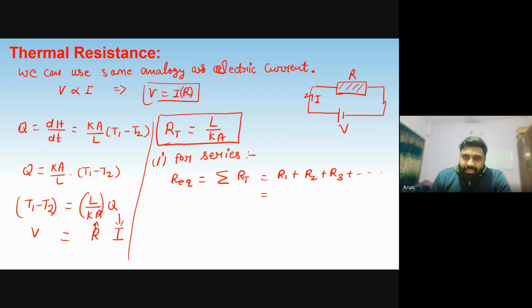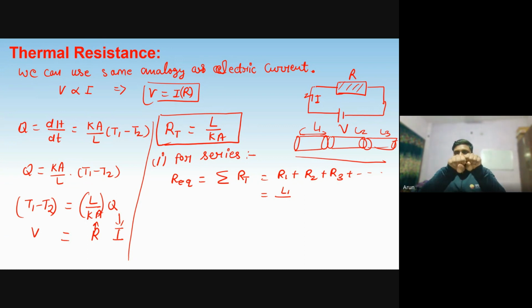So you can say that if a rod of length L1 is connected to L2 length, cross-sectional area A1, this way, this connection is termed as series connection. One rod, then another rod, then another rod, this way. That connection is the series connection.